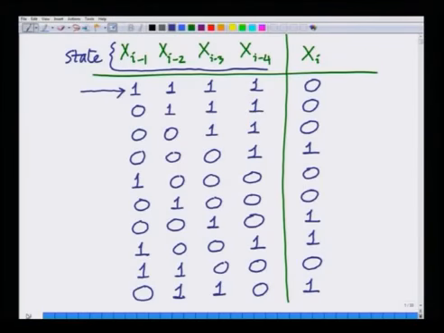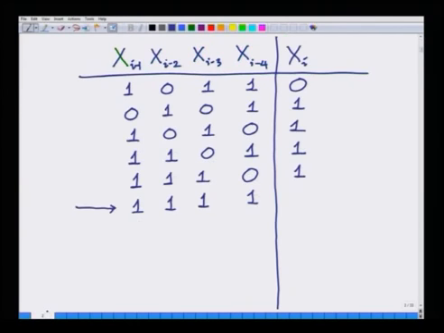In fact, no matter which state we start with, for instance the state 0, 1, 1, it will go through all these states, following all 1 it will come to the 0, 1, 1 state and again it will start giving the same output.